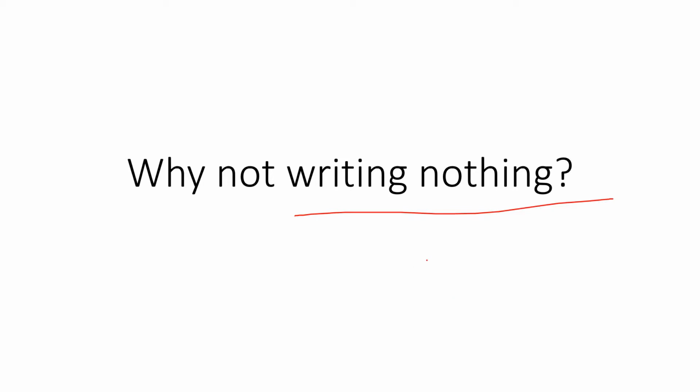There are two reasons why we use void instead of writing nothing. The main reason is, suppose you have written some code and you have not mentioned any return type in a particular function, then that indicates two things.